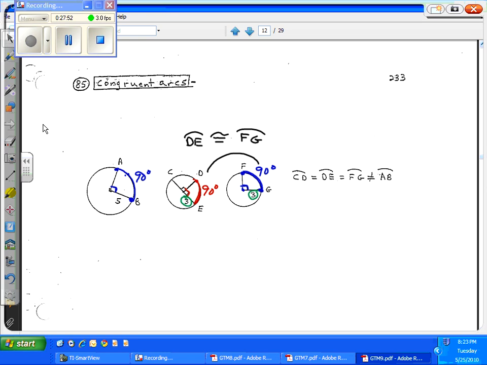Well, what about arc CD? Well, it's in the same circle as arc DE. So arc CD is congruent to arc DE because it has the same measure as arc DE and it's in the same circle.